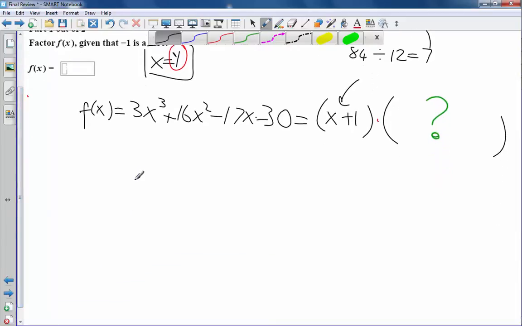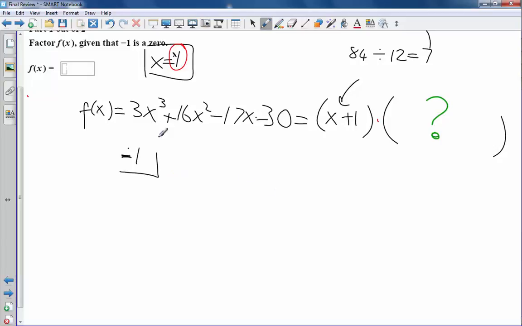Yeah. Okay. So you set up something like this, remember? You put the divisor right here. So what do I put here? Minus 1. Correct? So we put the minus 1, or the opposite of this number, or the original zero here, whatever you call this.